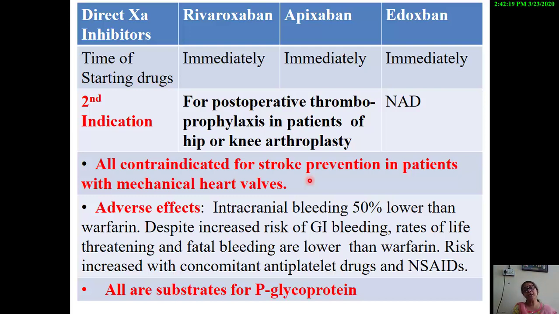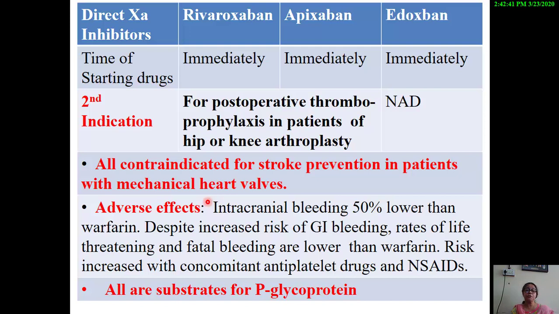Okay, coming to the adverse effects, as I mentioned, bleeding is the most important adverse effect, and certain advantages have been observed over warfarin, where the incidence of intracranial bleeding with rivaroxaban, apixaban, and edoxaban is roughly 50% less as compared to warfarin.